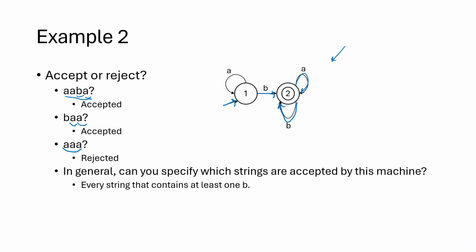So the language accepted by this machine is the language of all strings that have at least one occurrence of the letter B in them. In other words, the inputs that are rejected by this machine are the inputs that consist of A's only. So either A or AA or AAA and so on. And we see one example of that here.